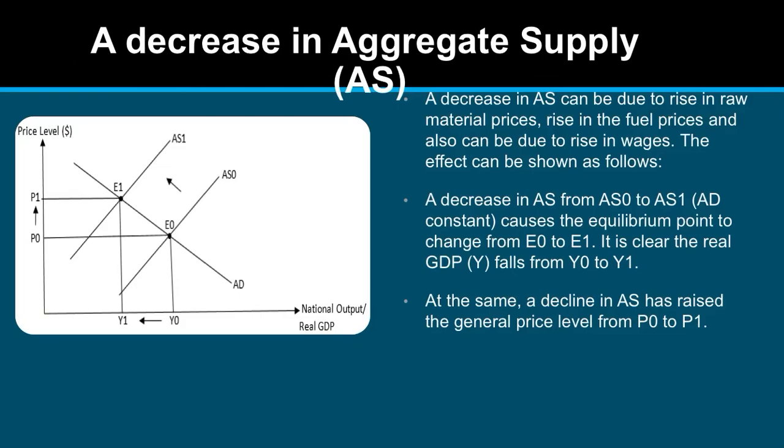The effect can be shown on the aggregate supply side, with cost-push inflation, where you can see that when aggregate supply shifts to the left from AS0 to AS1, the price increases from P0 to P1. At the same time, the output reduces from Y0 to Y1, which causes a recession in the economy.